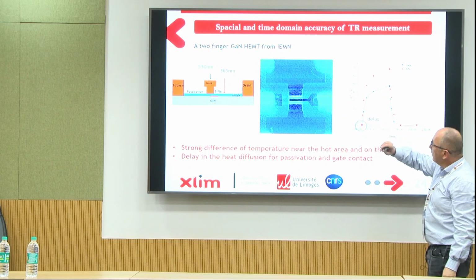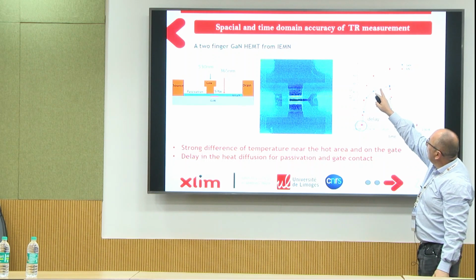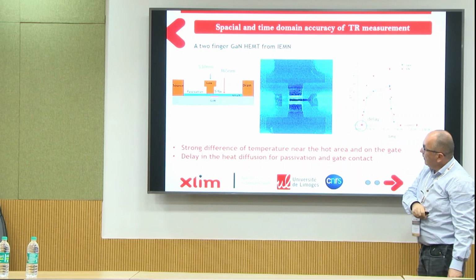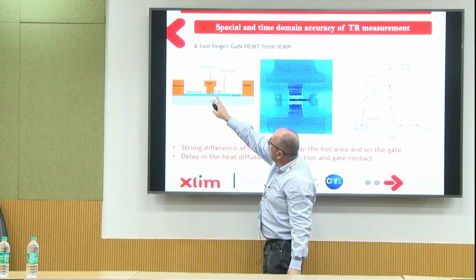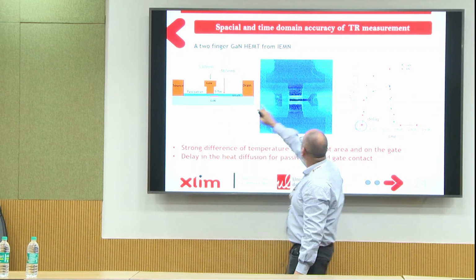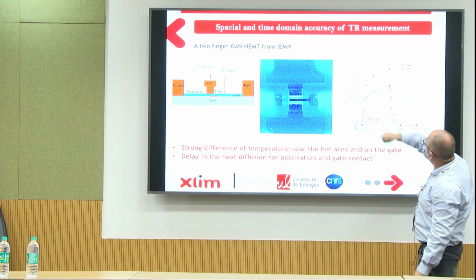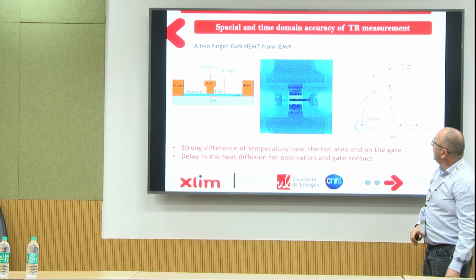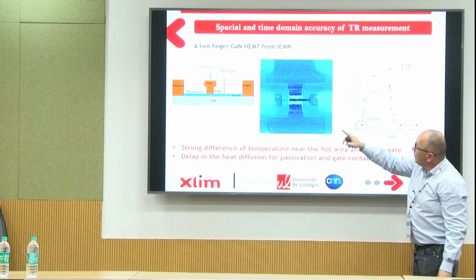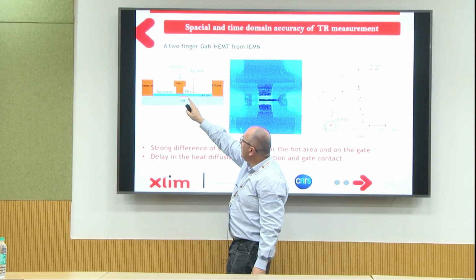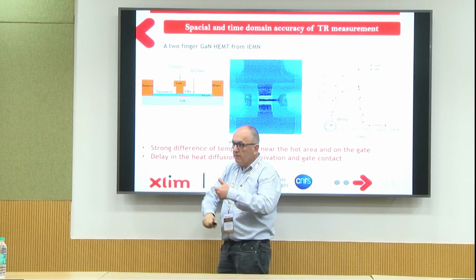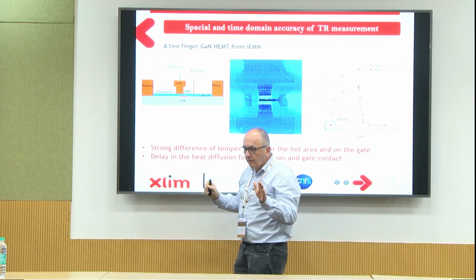We have seen that the temperature is strongly different here. Here we are close to the hot area. We have more than 10 degrees. So we have a strong difference between the gate and this point, even if here you have maybe 1 micrometer.